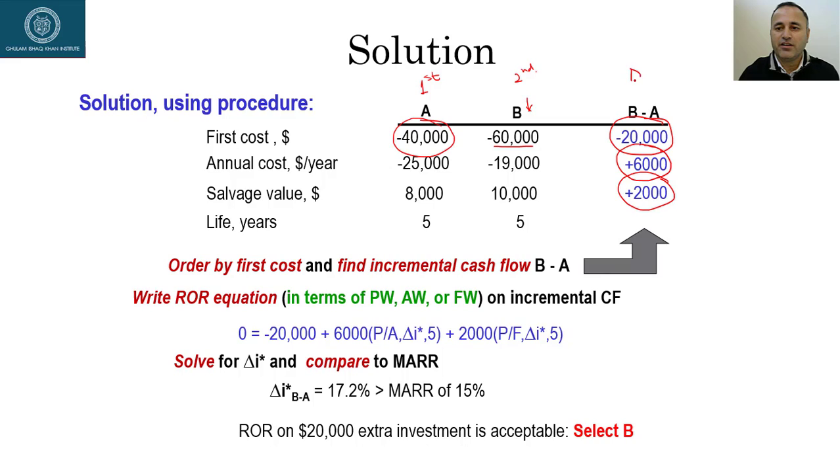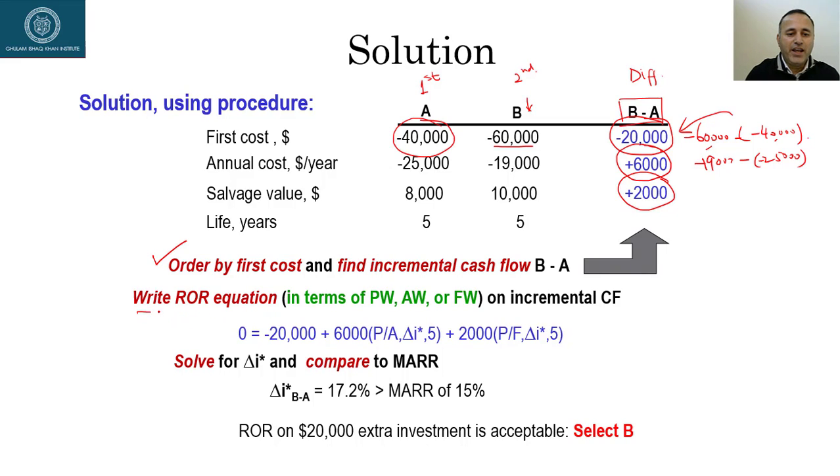Second step, find the differences. So calculate B minus A. 60,000 minus 40,000 gives minus 20,000 for the initial cost. Similarly, minus 19,000 minus minus 25,000 is 6,000. Now write an ROR equation for the incremental cash flows.